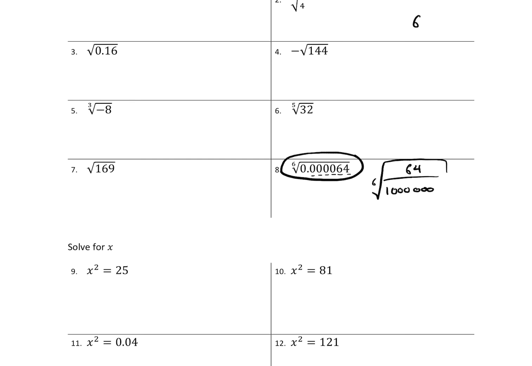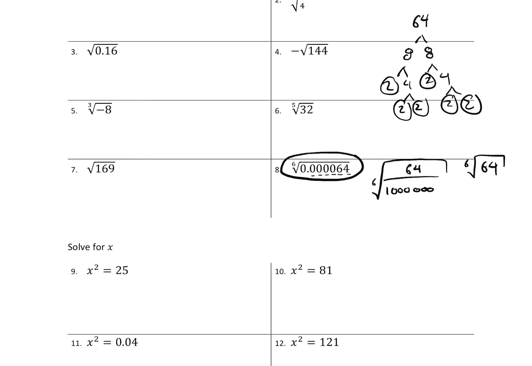Well, 64 breaks down to 8 times 8, which is 2 times 4, 2 times 4, 2 times 2, 2 times 2. 1, 2, 3, 4, 5, 6. So what's the 6th root of 64? It's 2. And then what's the 6th root of a million? Well, take a guess. 1, 0, 2, 0, 3, 0, 4, 0, 5, 0, 6, 0. 10 to the power of 6. So 2 over 10, which simplifies to 1 over 5.